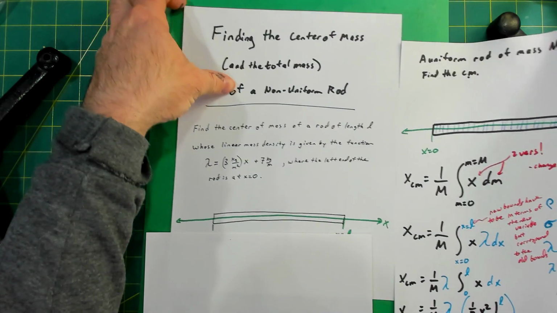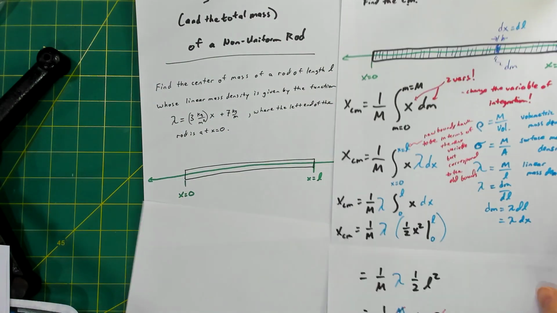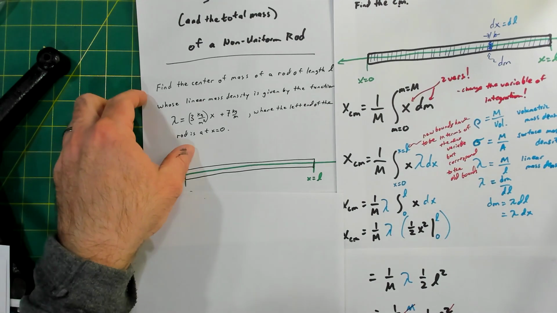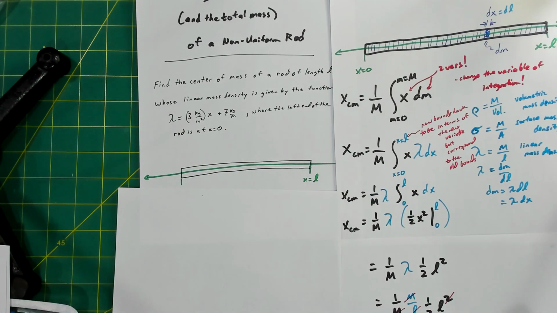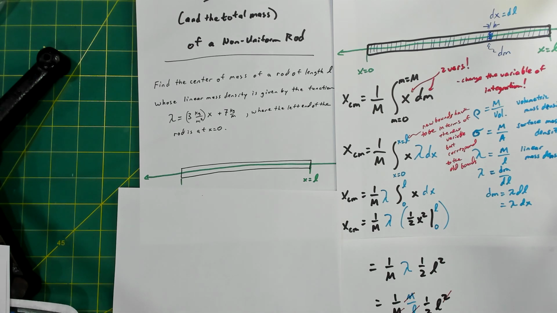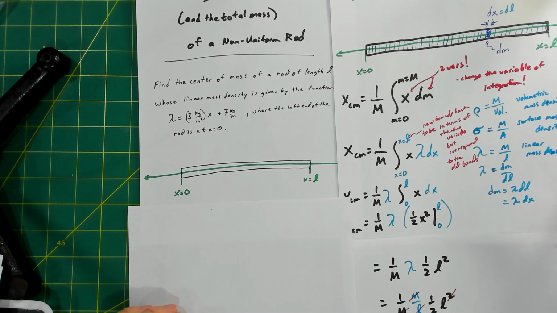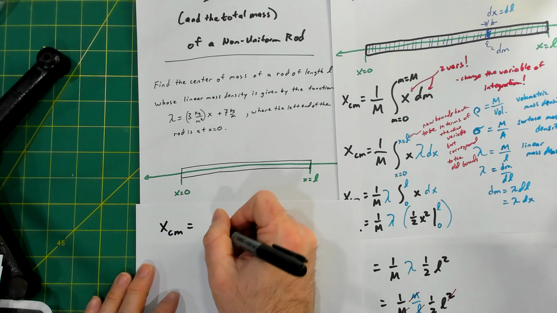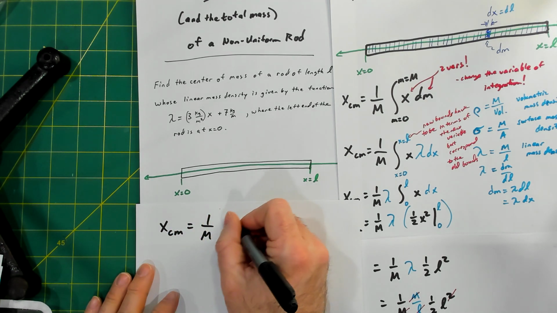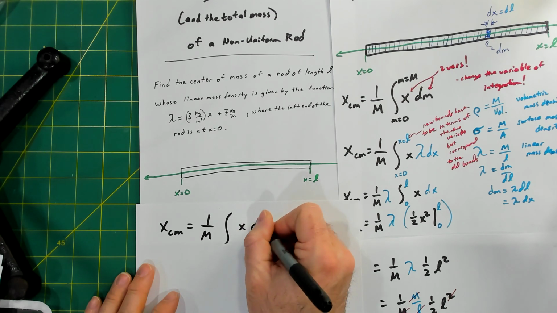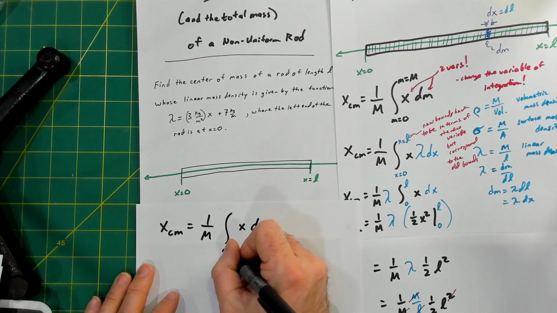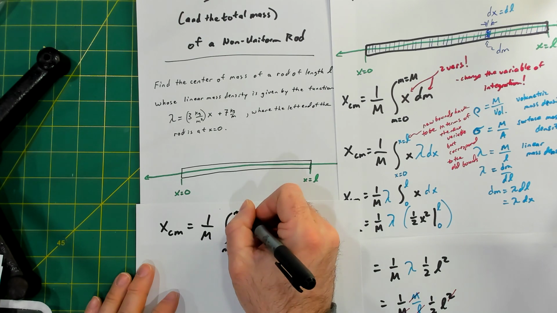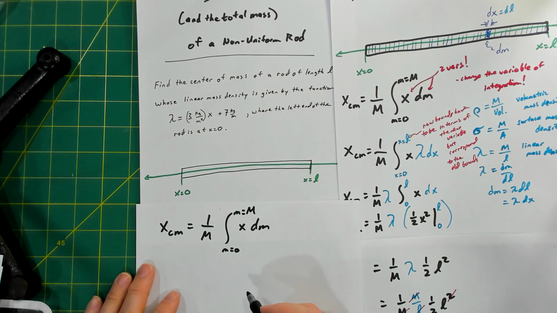So we're going to go about doing this side by side. If I want to use my integral form of the center of mass formula, I'm going to take 1 over the total mass times the integral of x dm from 0 until I've added up to the total mass of the object.